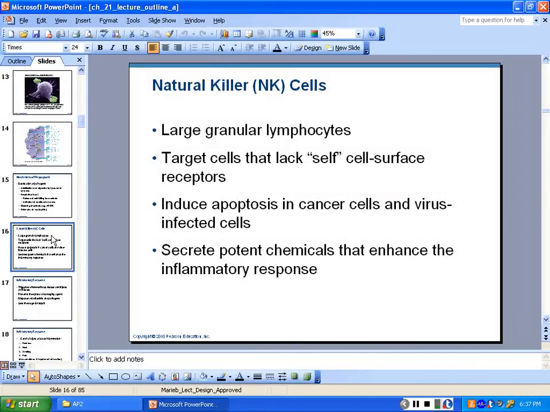The next type of cell, which is actually different, is called a natural killer cell. Natural killers are not phagocytes, okay? They are not phagocytes. Natural killers are a type of lymphocyte.